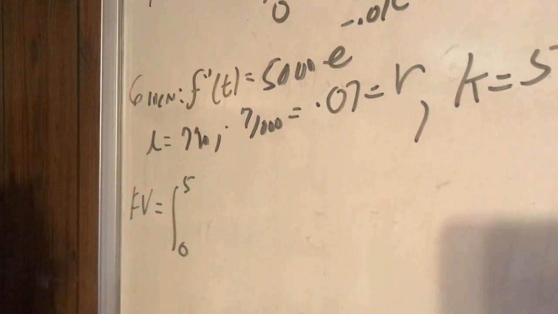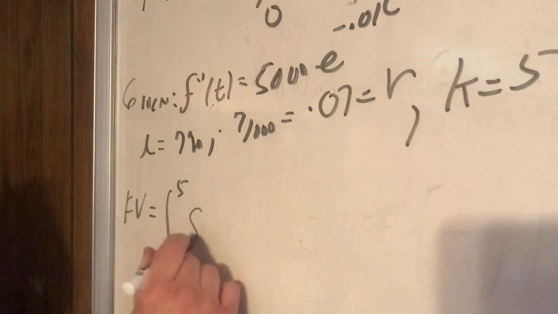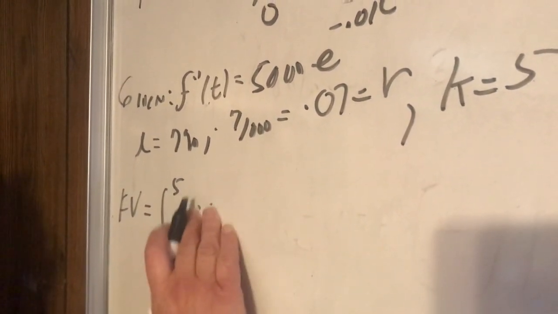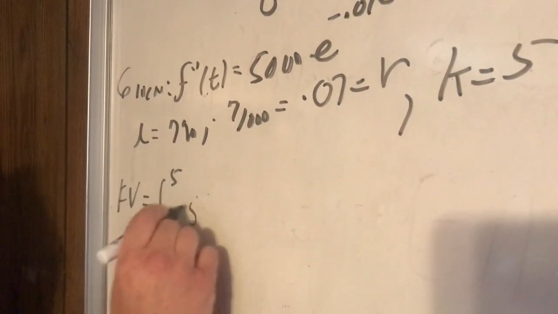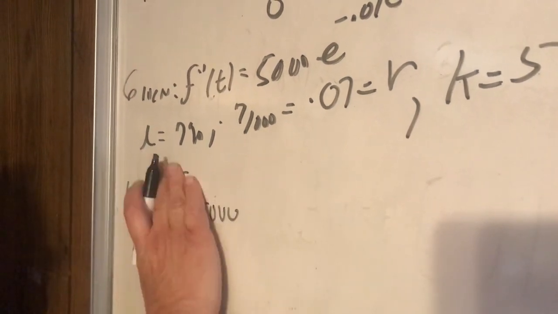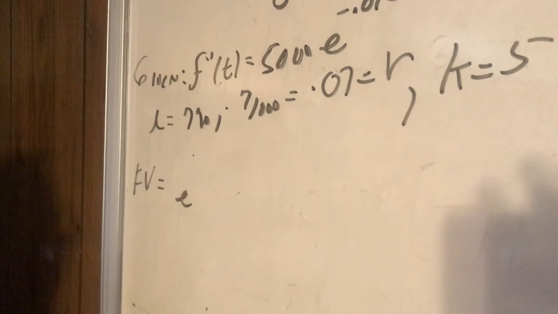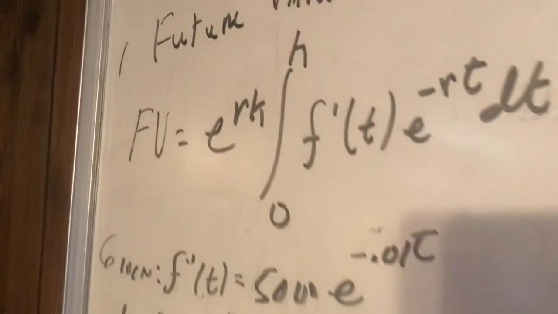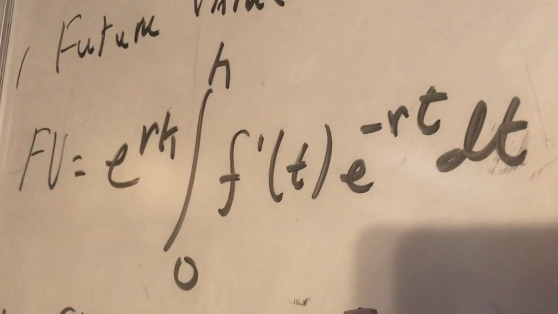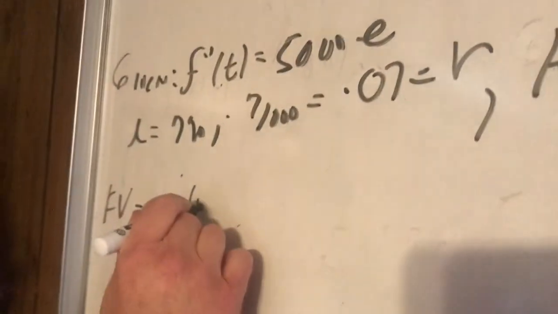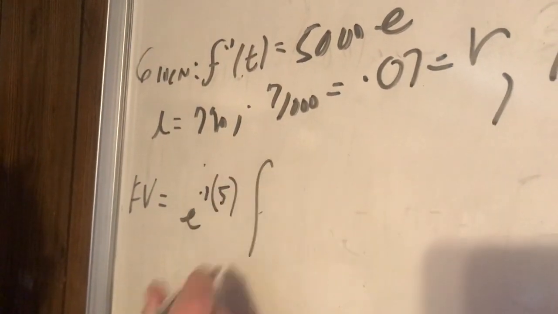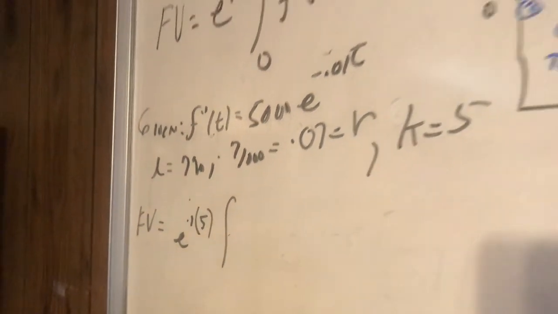Put in my flow rate, 5,000. Oh, I forgot the appendage on here. Don't forget, this is e to the RK. R is 0.1, and the number of years is 5. All right, e to the RK.